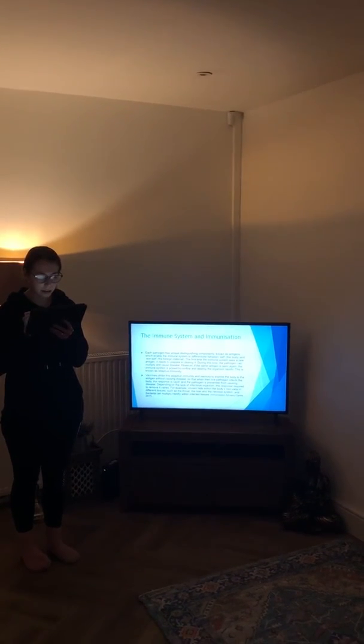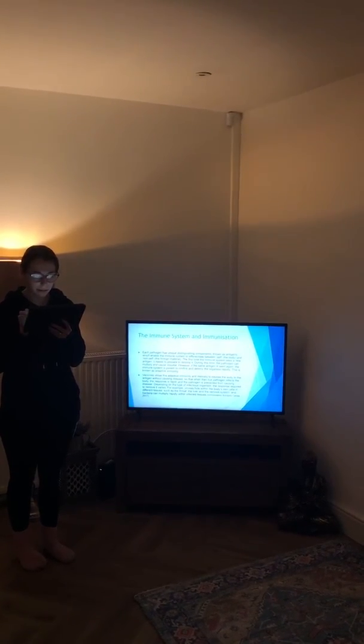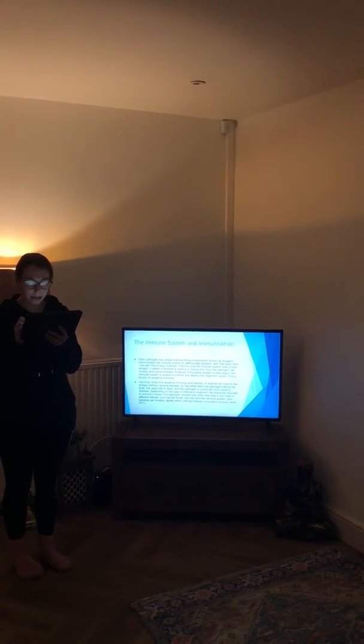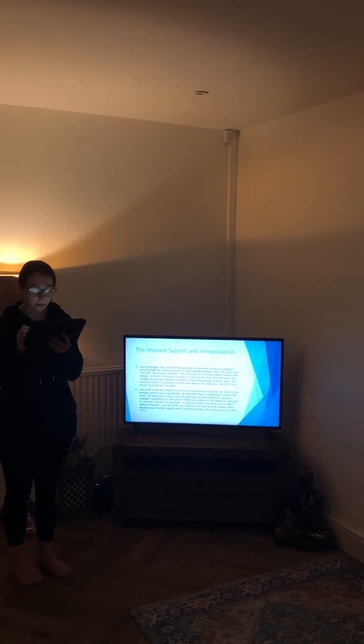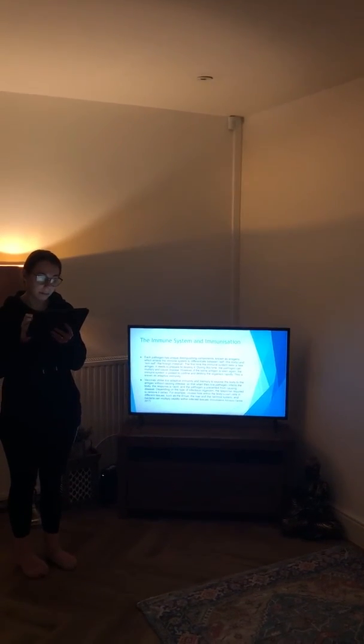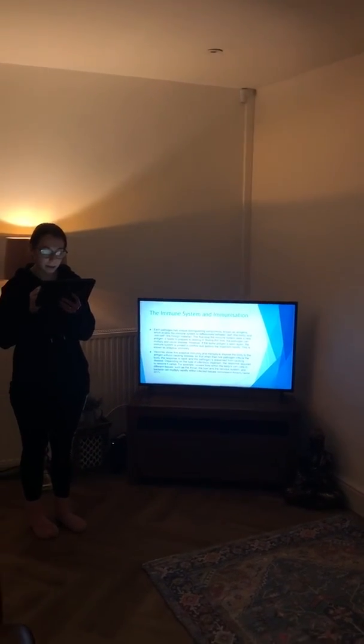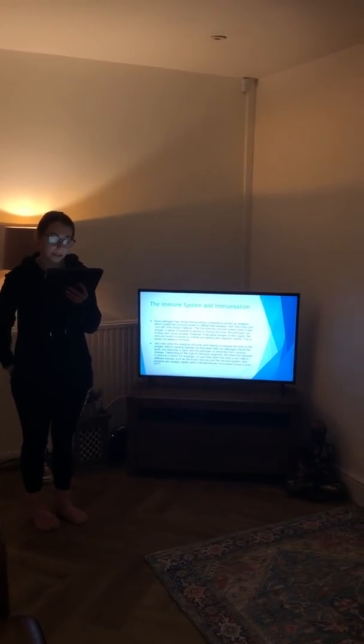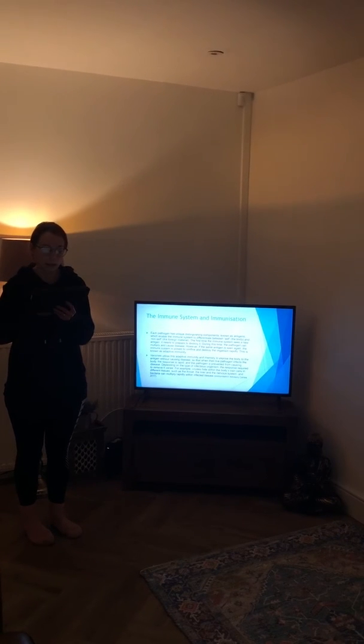Each pathogen has unique distinguishing components known as antigens, which enable the immune system to differentiate between self, the body, and non-self, the foreign material. The first time the immune system sees a new antigen, it needs to prepare to destroy it. During this time, the pathogen can multiply and cause disease.